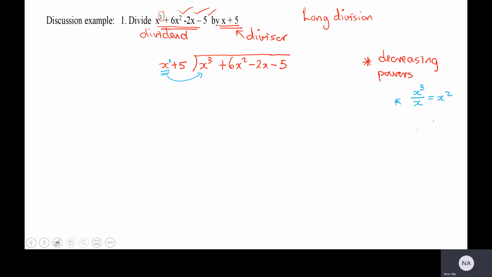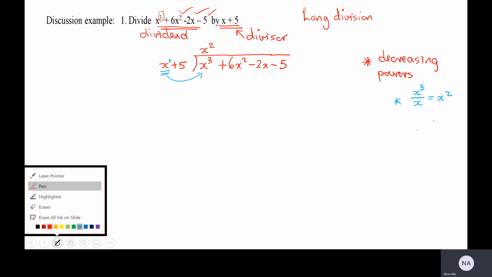And where do you put the answer? Just like you did in the numerical example, you'll put that at the top. So that is x squared as part of the quotient. And like your numeric example, what did you do with the x squared? You multiplied.